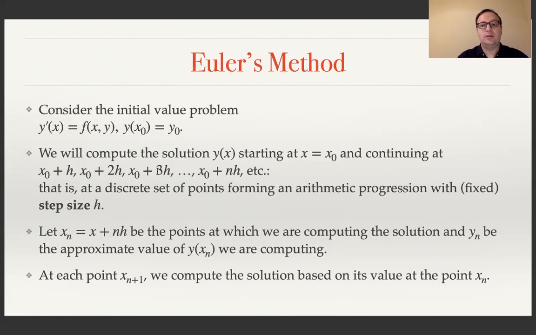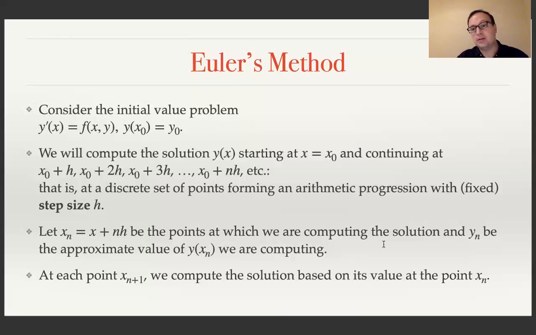So for Euler's method, usually the step size is fixed, but of course nothing prevents us from using a variable step size. Okay. So the general formula for these grid points is xn is equal to x0 plus nh.